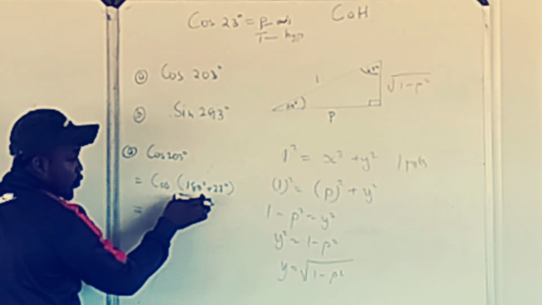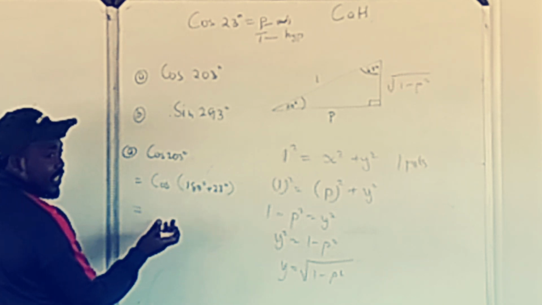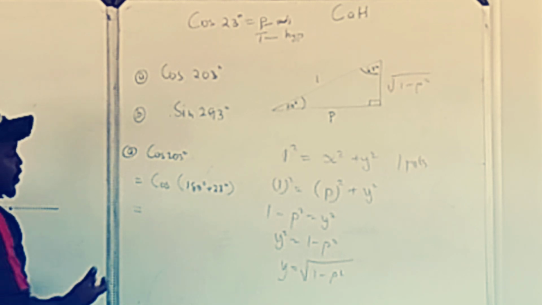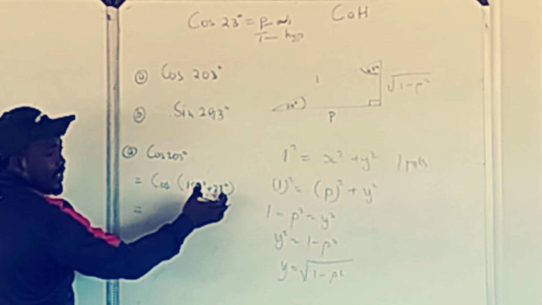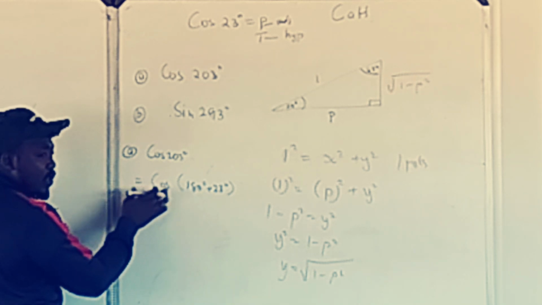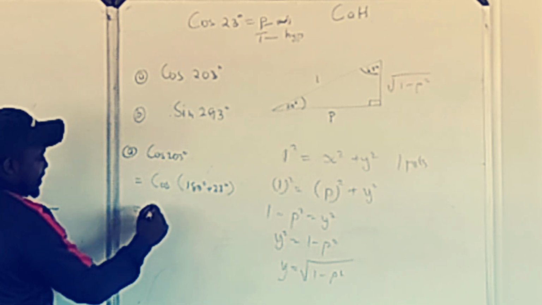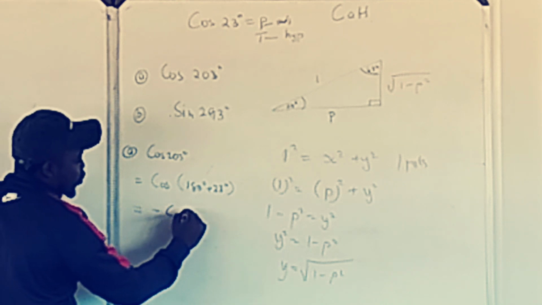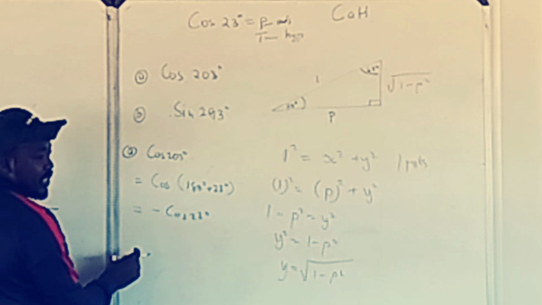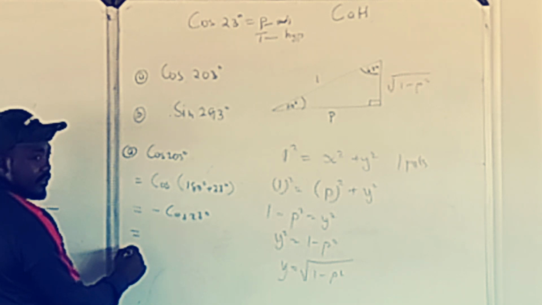Now we're going to have to ask ourselves, remember this can also be taken as theta is acute. So which quadrant is 180 plus 23 in? In the third. What's happening to cos in the third quadrant? It's negative. So I'm going to have a negative cos of 23. Do you know the value of cos 23?